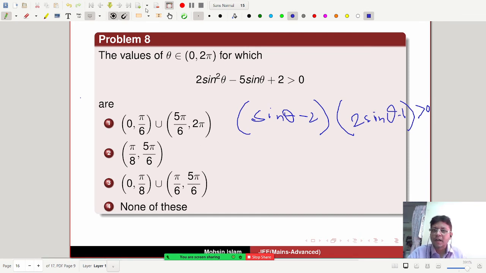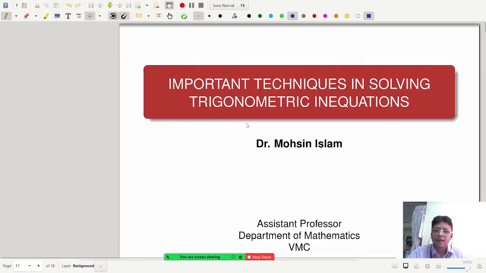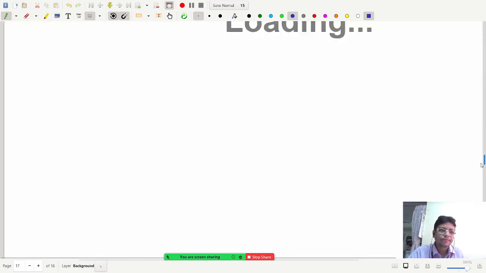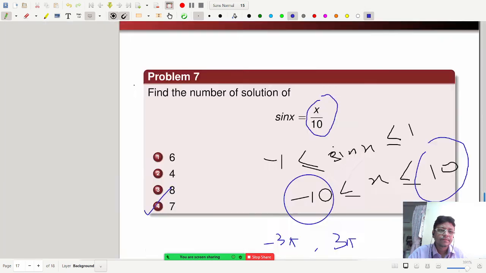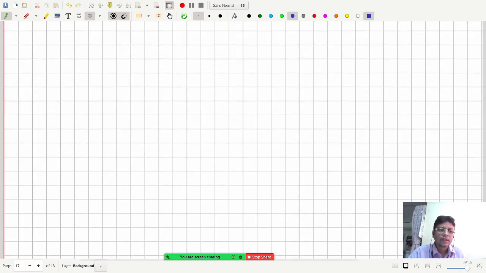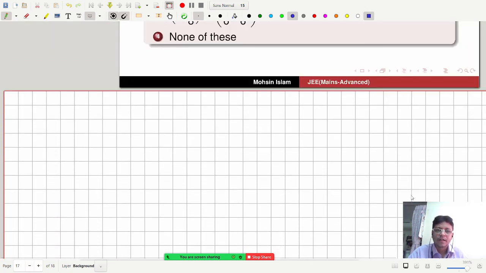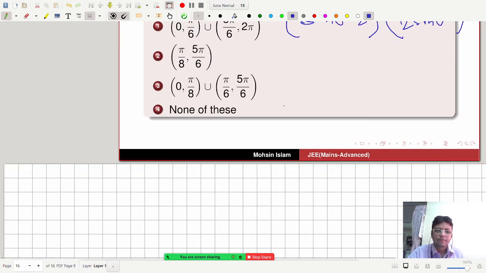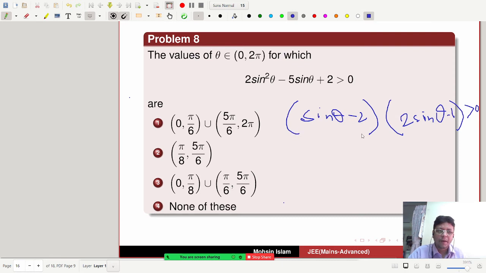So let's take a space for drawing. Let's draw the graph. So you have sine theta minus 2, 2 sine theta minus 1, and you have the points half and 2. So sine theta is more than 2, which is never possible, or sine theta is less than half.